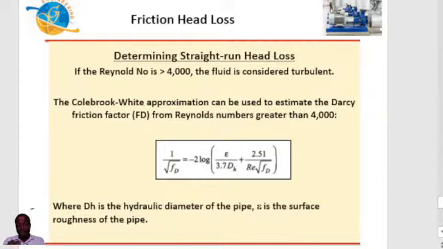So I put it simply that you can use either equation 1 or 2 for this critical zone.